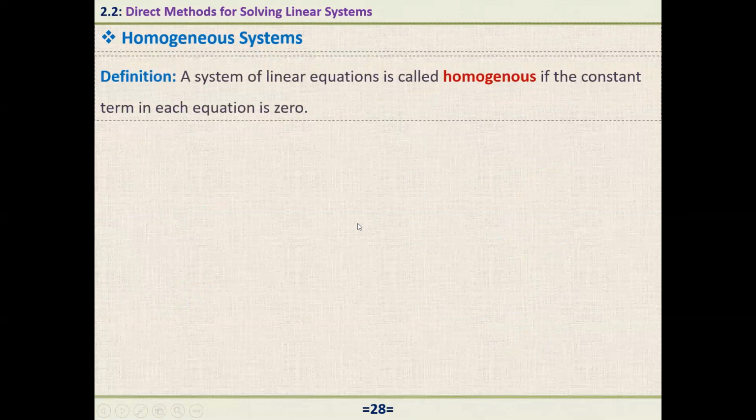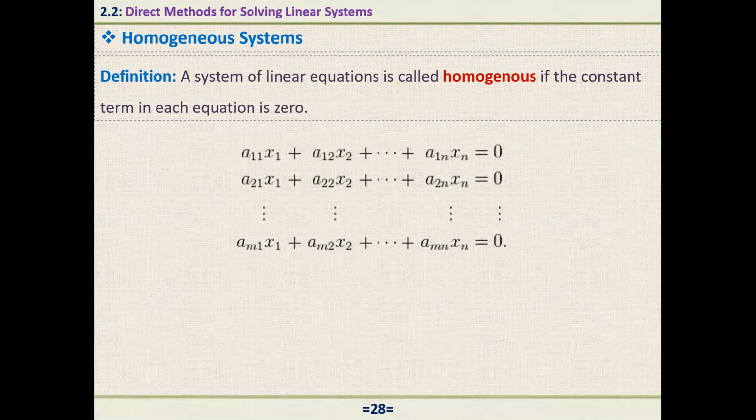Okay, guys, here we have another thing that we have to be familiar with, that is homogeneous systems. Maybe you have seen this before. In math, usually when we talk about homogeneous equations or a homogeneous system, the constant term is equal to 0. For one variable, for example, ax equals 0 is a homogeneous equation.